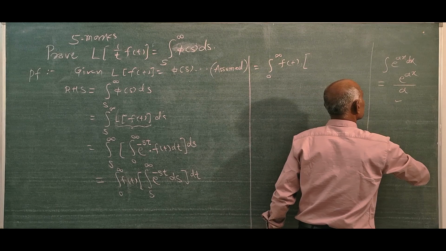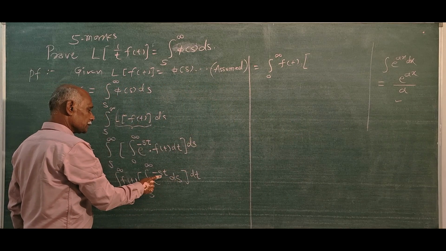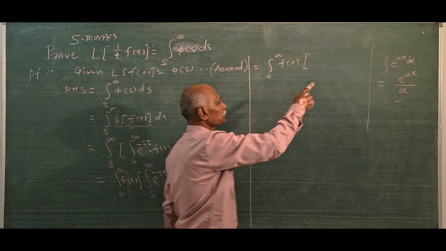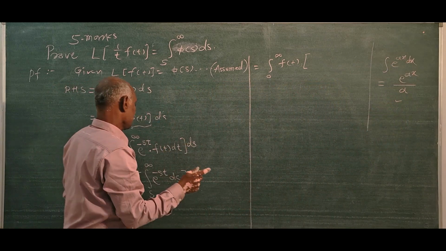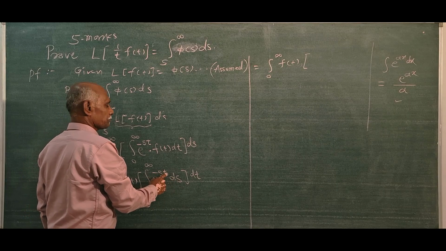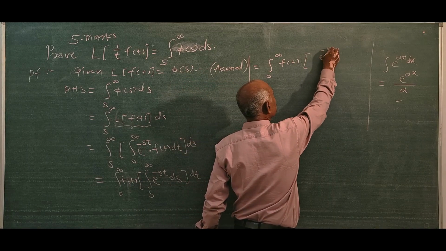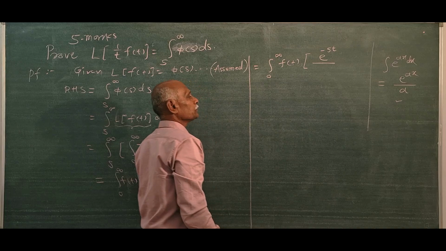Right? So here we integrate with respect to s, not t. So remember, here we are integrating with respect to x. Therefore, a remains. Here we are integrating with respect to s. So minus t remains. And therefore, this integration is e to the power minus st as it is. No problem with numerator.